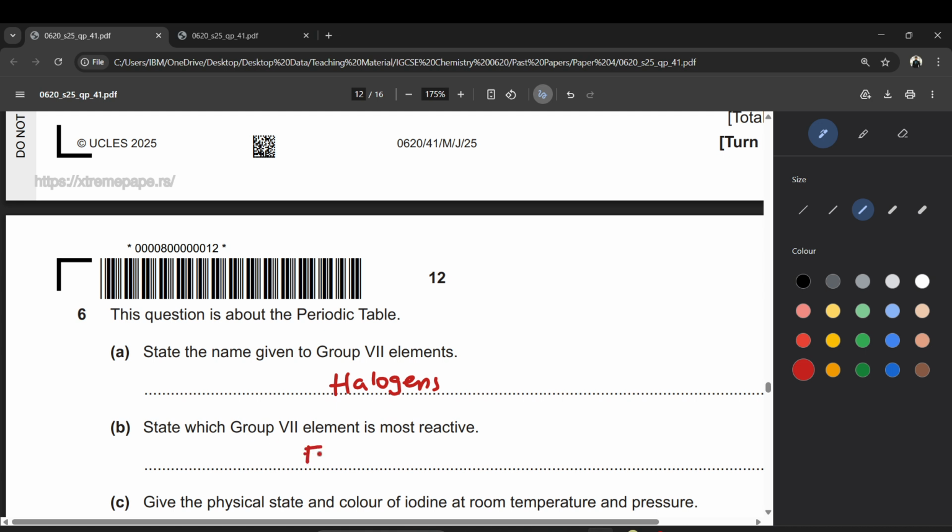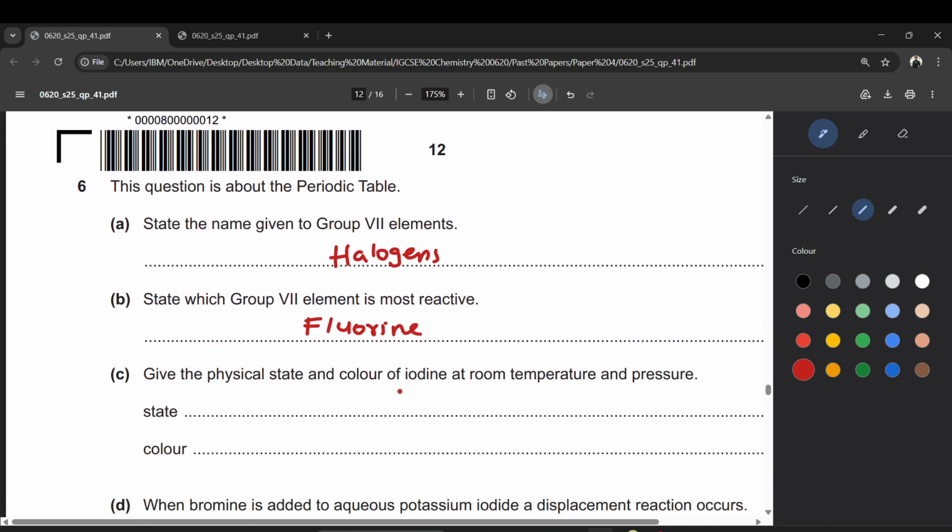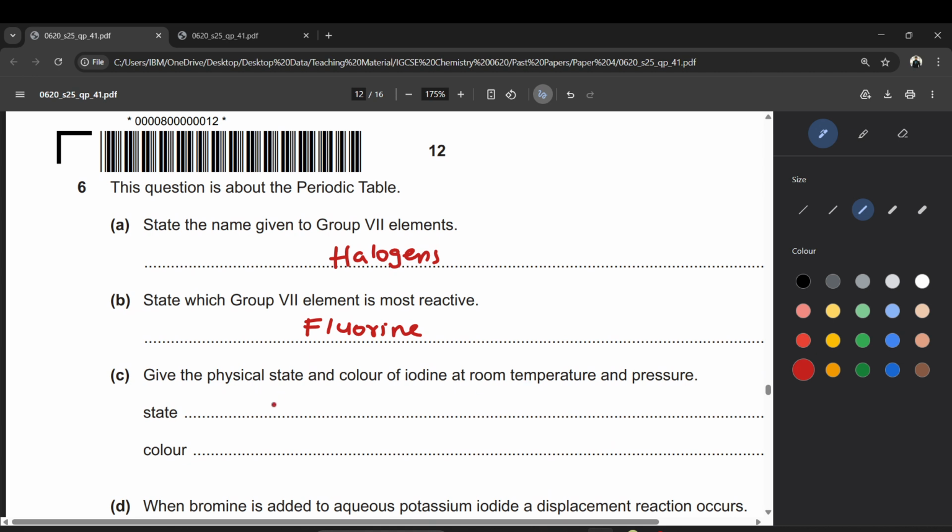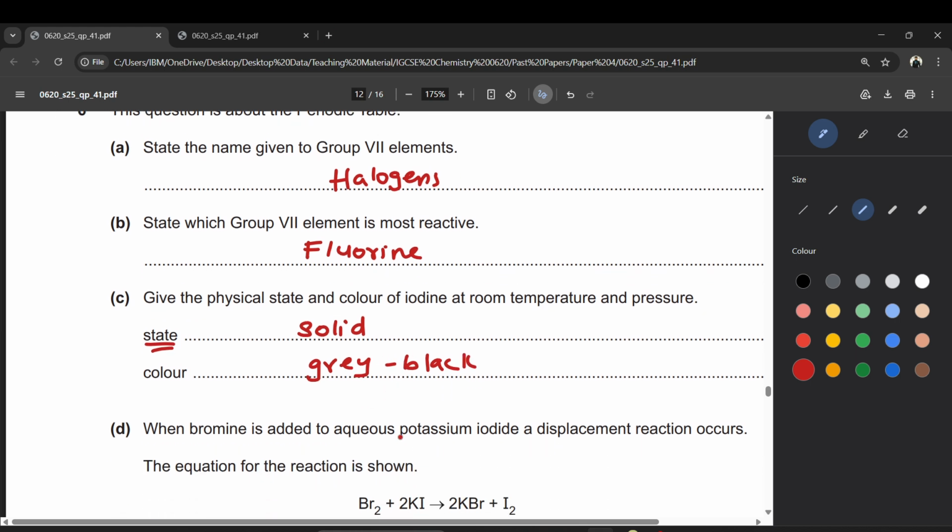Therefore fluorine, which is at the top of the group, is the most reactive. Give the physical state and color of iodine at room temperature. The state is solid. The color is gray-black. You have to be very specific in remembering these colors.